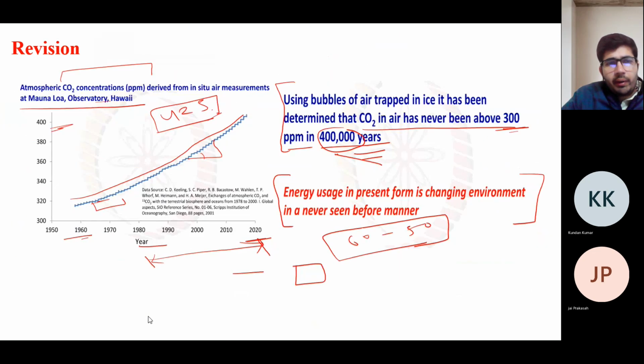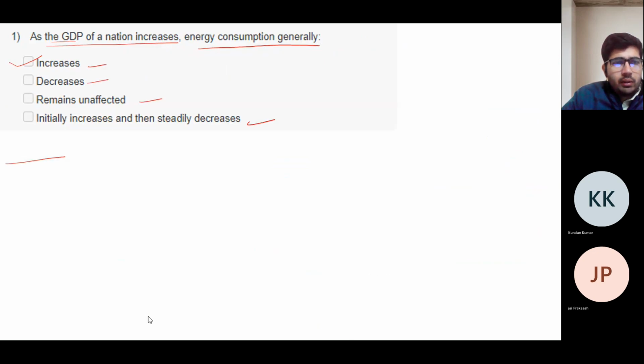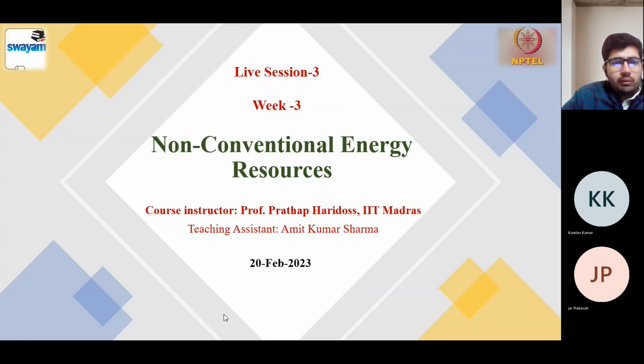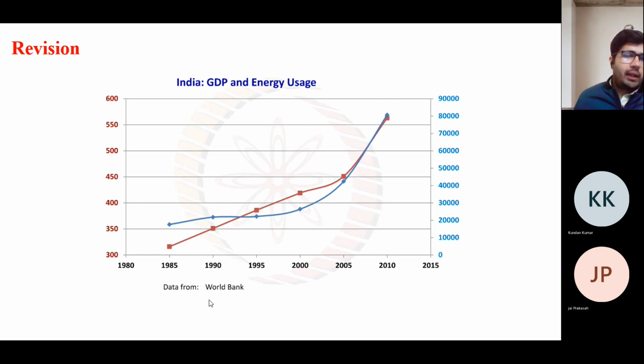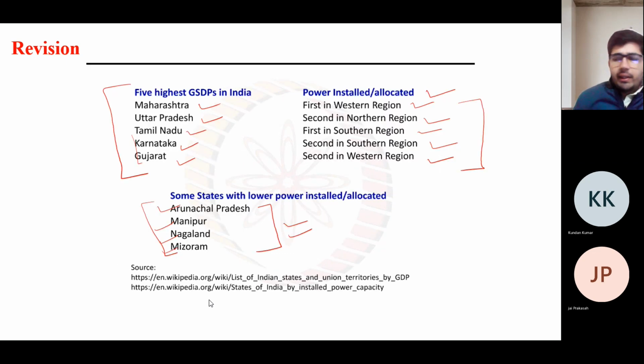So we can summarize today's class. In the first slide, we have seen GDP and energy use, and we have seen that if GDP is increasing, it means that energy use is also increasing. In the second slide, we have seen that the GDP of states in India is also connected with the maximum power installed or allocated.